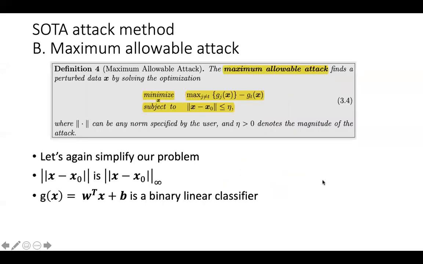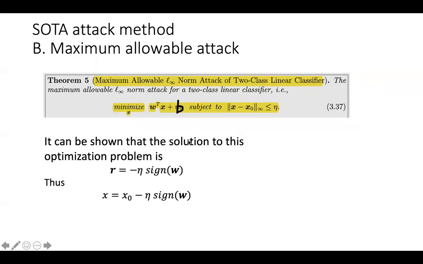And for the second formulation, maximum allowable attack, let's again simplify our problem. Let's say we take the distance metric to be the infinity norm, and we also take G(x) to be a binary linear classifier. After the simplification, this optimization process becomes this. Why do you modify it into B?